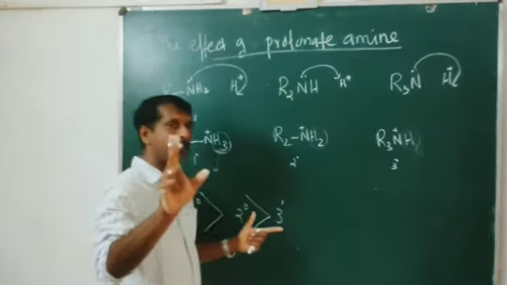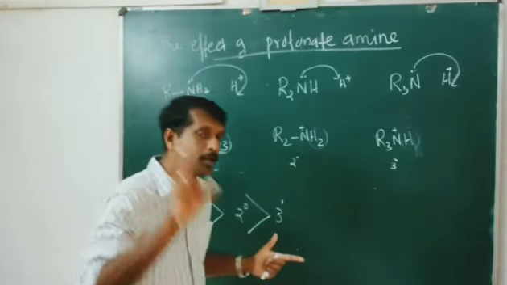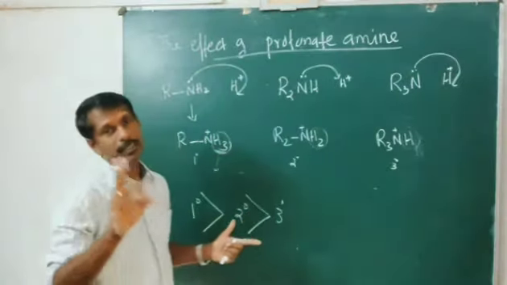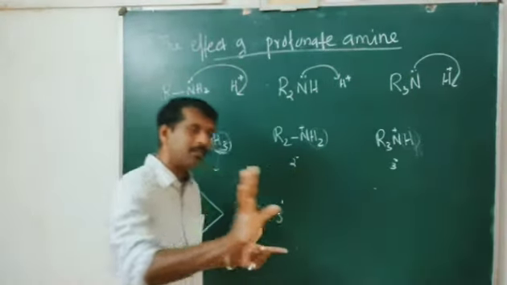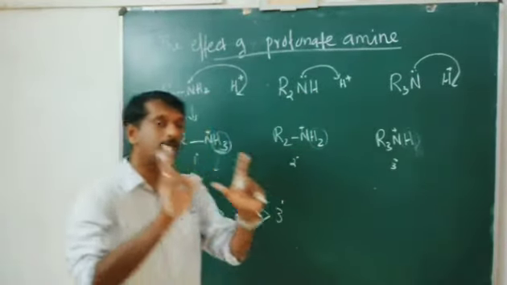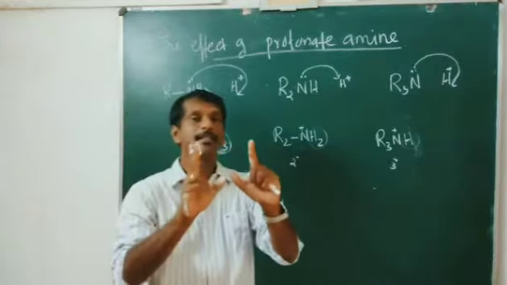But when you compare the plus I effect, the most basic is tertiary amine, because there are three alkyl groups, and because of the electron pushing groups, tertiary amine is most basic.